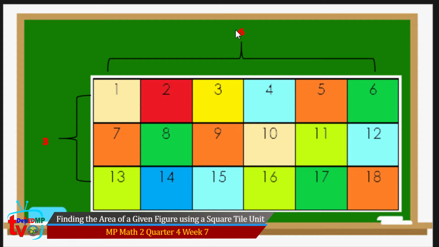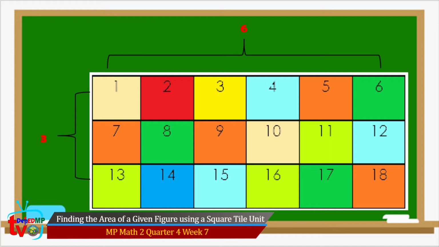Let us count together. 1, 2, and 3. There are 3 square tiles for the width. There is a total of 18 square tiles in the tablecloth. 6 square tiles for the length and 3 for the width. So, the area of the tablecloth is 18 square tiles.